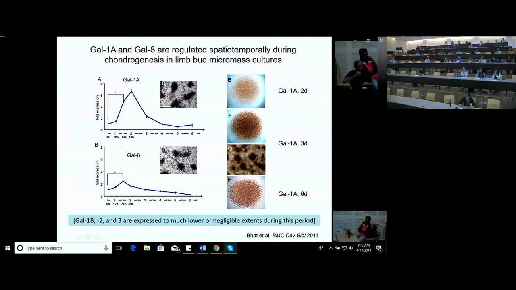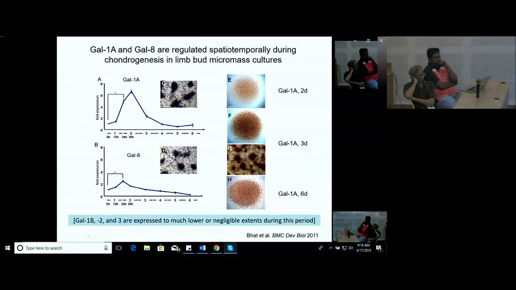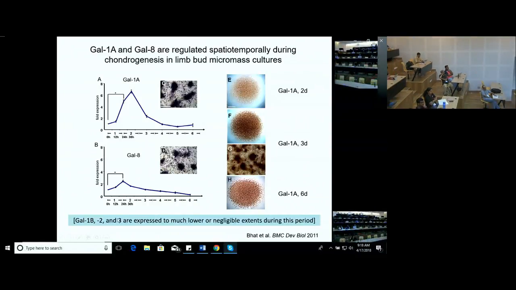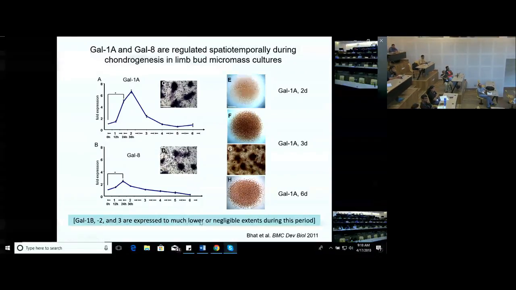And the galectin 1A and the galectin 8 coincide in their staining, and they stain at both the RNA and protein levels. They stain the condensations. Galectin 1B, 2, and 3 are expressed to much lower or negligible extents during this period.